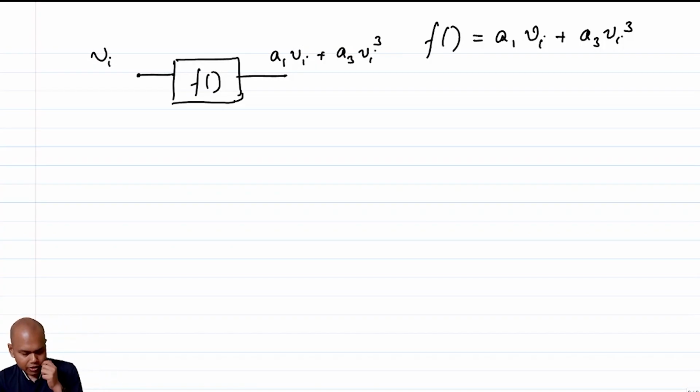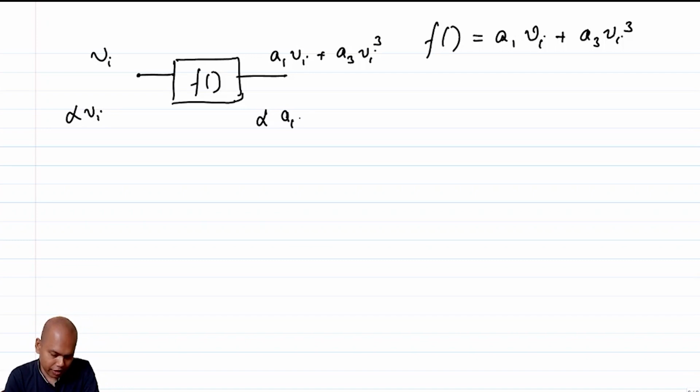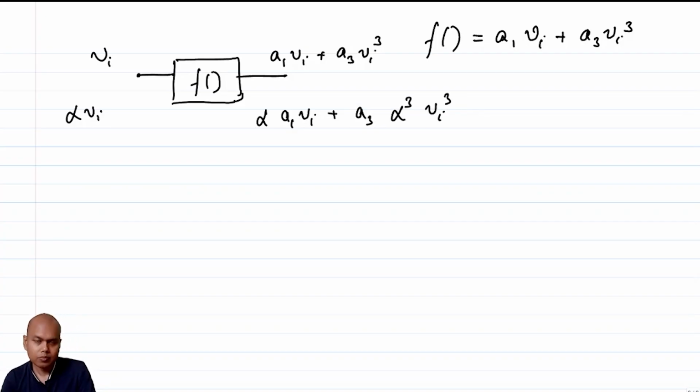So if I stare at it for some time, you see that if I apply, let's say, alpha times VI to the input, the output will be alpha times A1 VI plus A3 times alpha cubed times VI cubed, right?